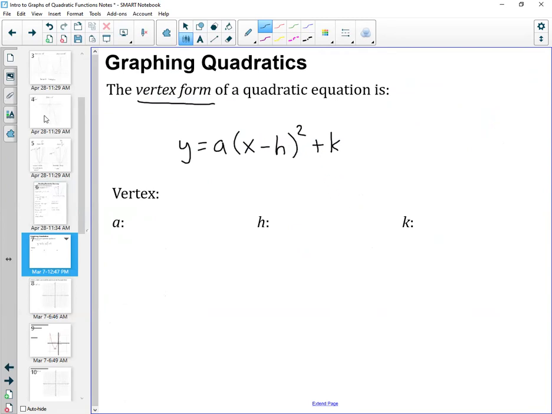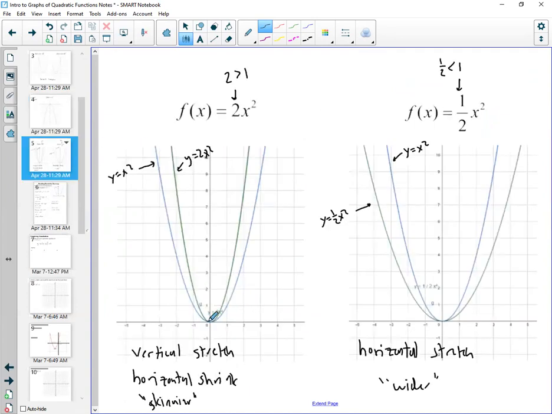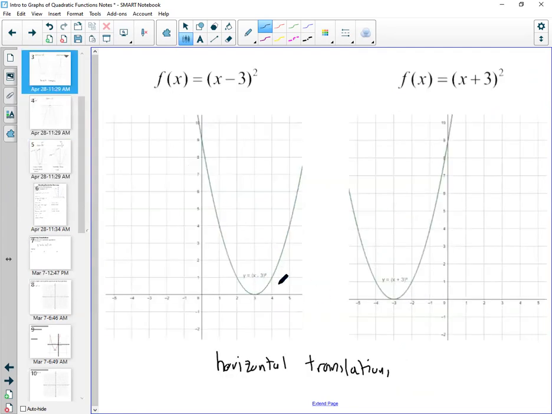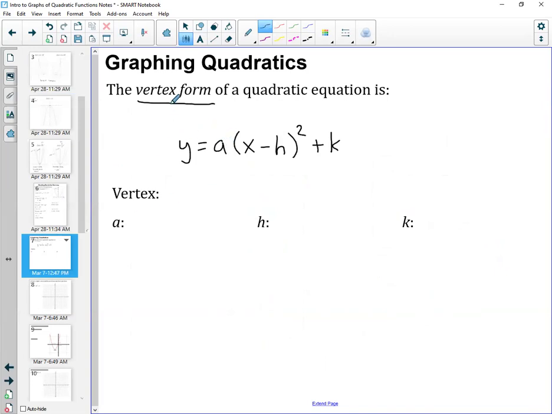The vertex is this point right here, and in all these parabolas, the vertex is that point right at the very bottom, in this case, or the very top, in this case. It's the minimum y value for all these. It's the maximum when it's upside down. So that's called the vertex. And if a quadratic is in this form, the vertex of that quadratic is h comma k.